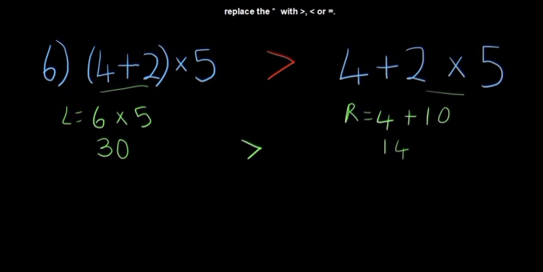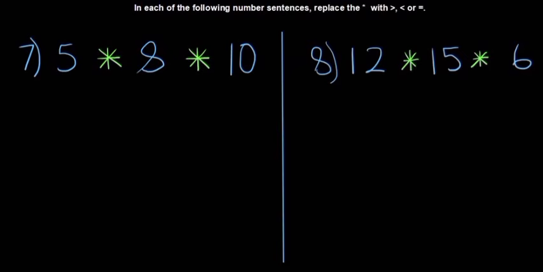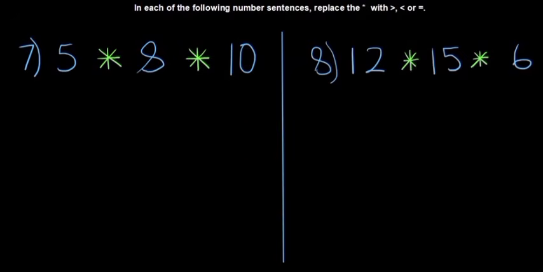And again, we know we have chosen the correct symbol here because the open side of the inequality sign is facing the larger number. So these questions will teach us how to compare 3 numbers simultaneously. Let's continue.